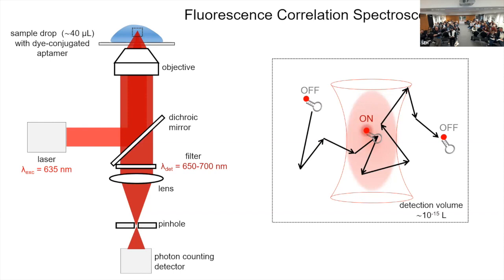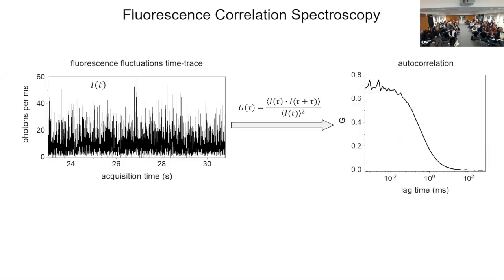The aptamer in the sample is diluted to nanomolar or even lower concentration, so aptamers are diffusing by Brownian motion. When an aptamer crosses this detection volume, it emits fluorescence as a single aptamer molecule, and we can detect this fluorescence. What is measured during the acquisition time are these fluorescence fluctuations that you see here.